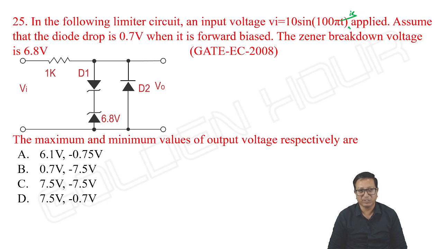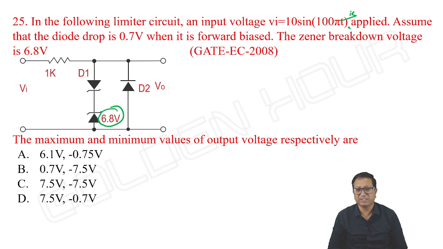The GNR breakdown voltage is 6.8. The maximum and minimum values of output voltage respectively are. It's a very, very simple question. Is it not the same as the previous one we did? Just instead of 6.8 volts, I took 5.5 volts. Then we have seen the results.